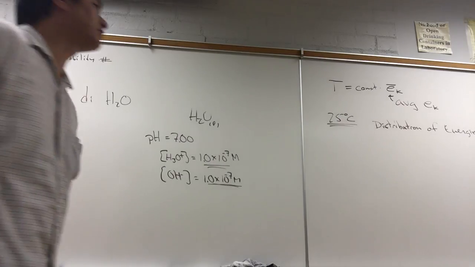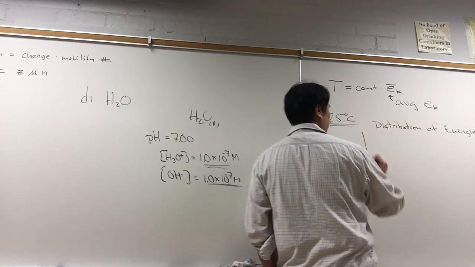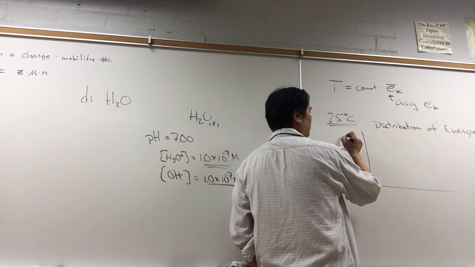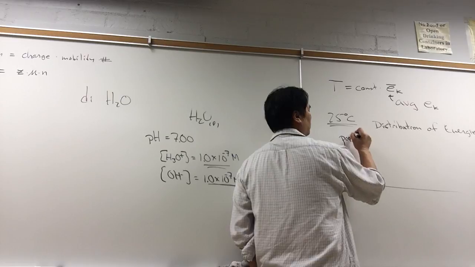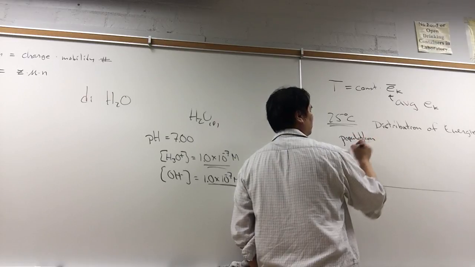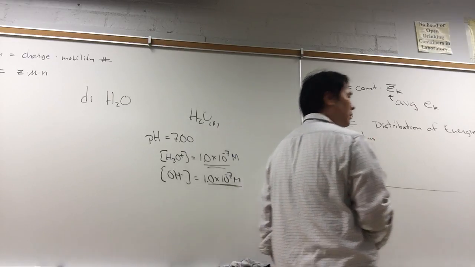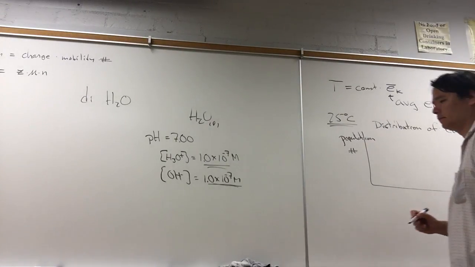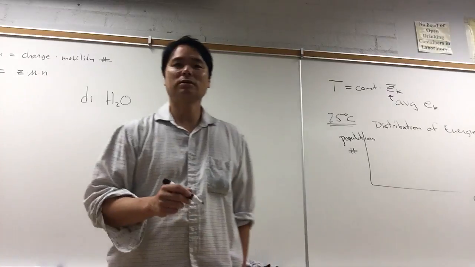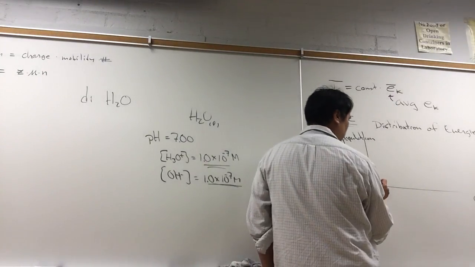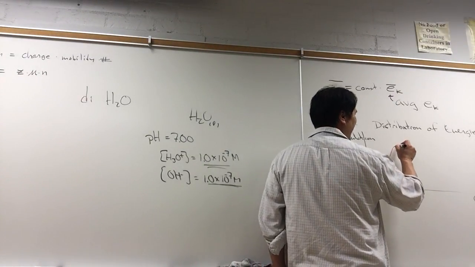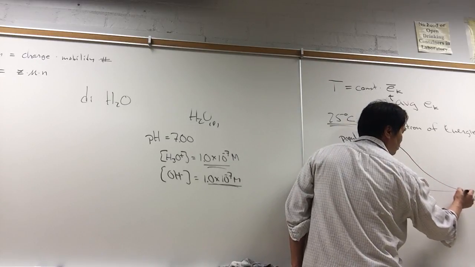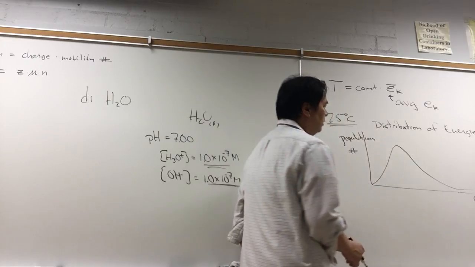This curve is a little different. If I plot the population, or just the number, versus the kinetic energy, EK here, the distribution looks like this. The distribution goes up, peaks out, and then slowly drops off. It's asymmetric.